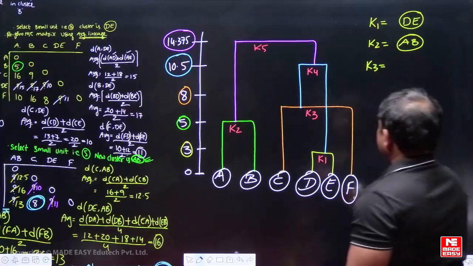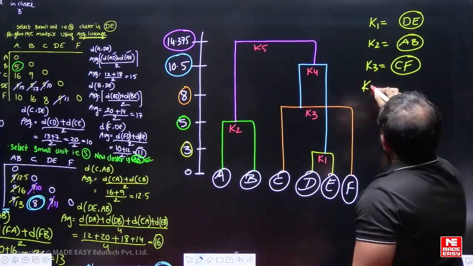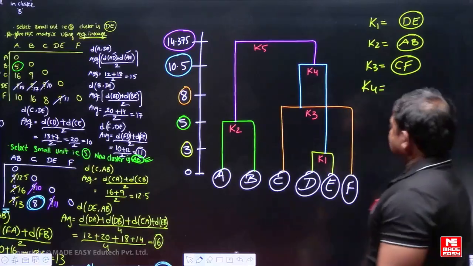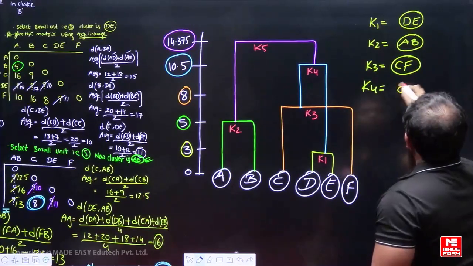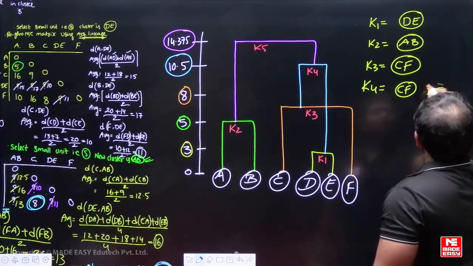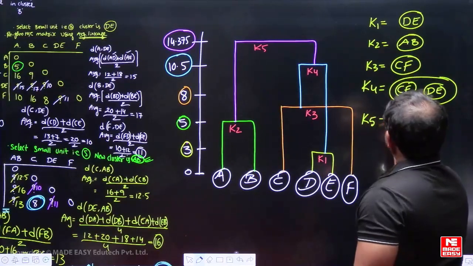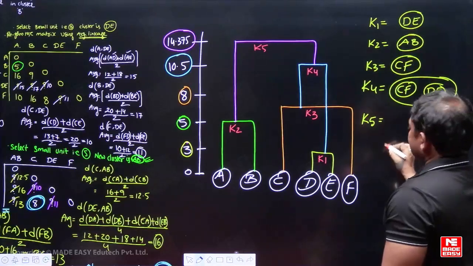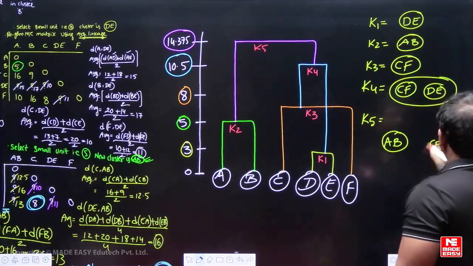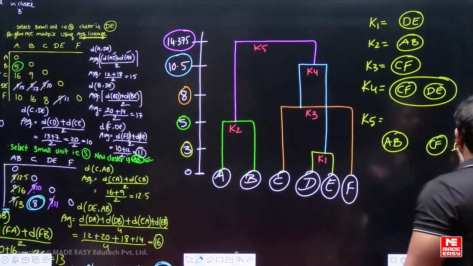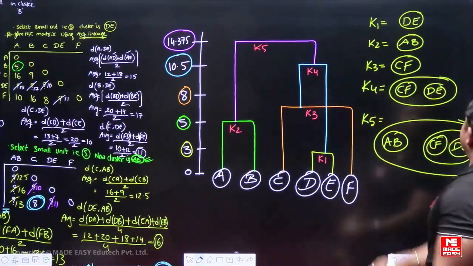K3, CF. K4, what is that? CF, DE. This is one cluster. Then K5 means what? AB, CF, DE. This is the cluster. So these two are all are formed here.